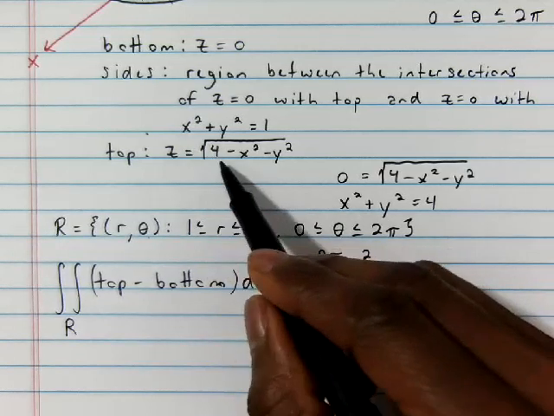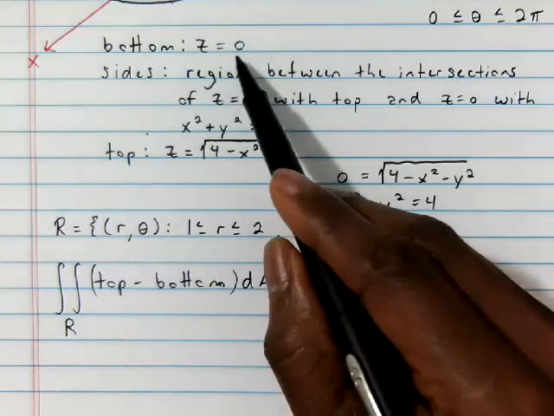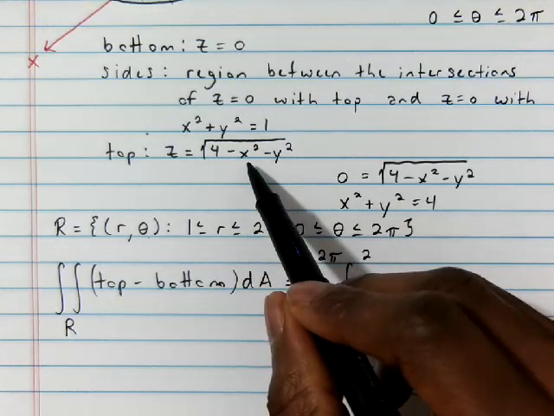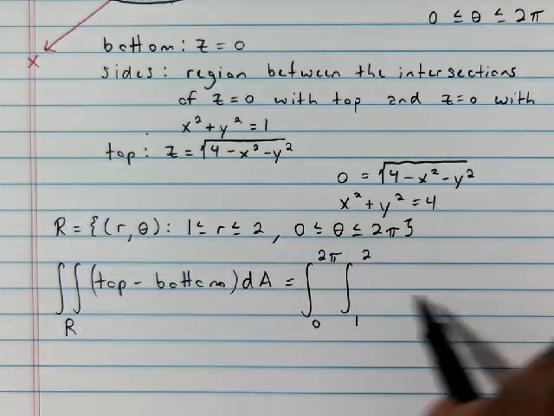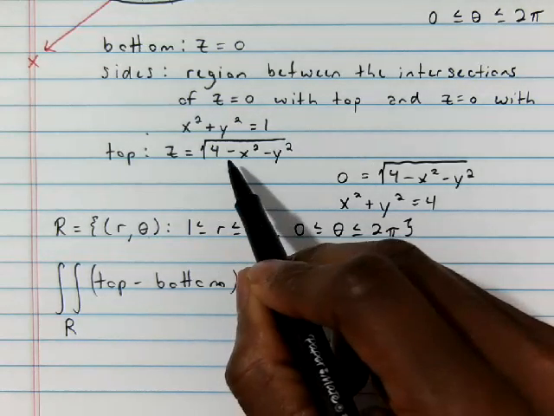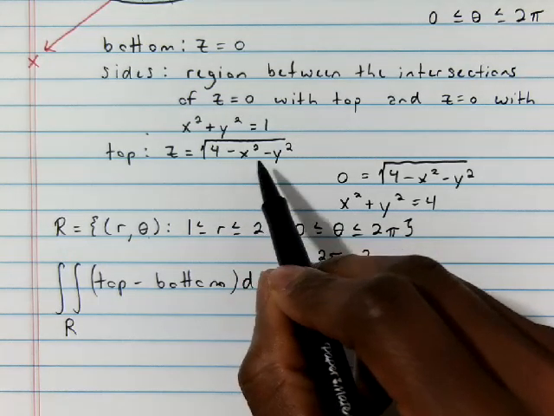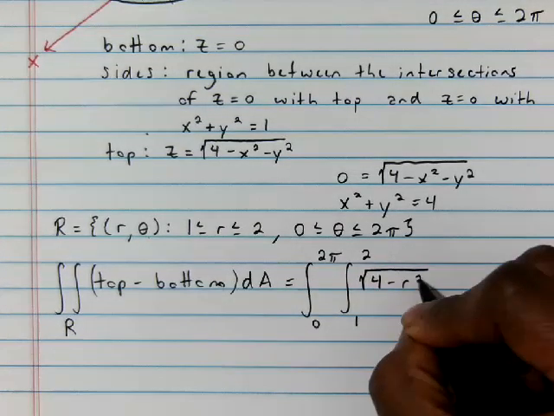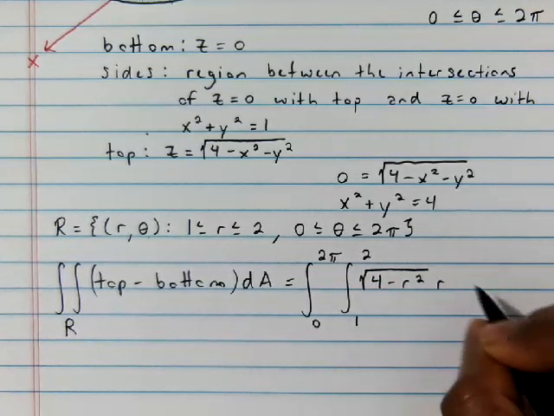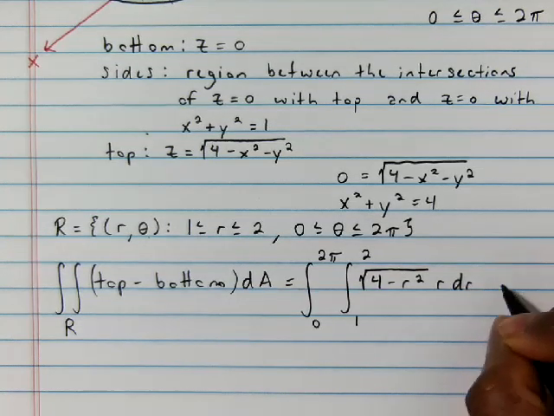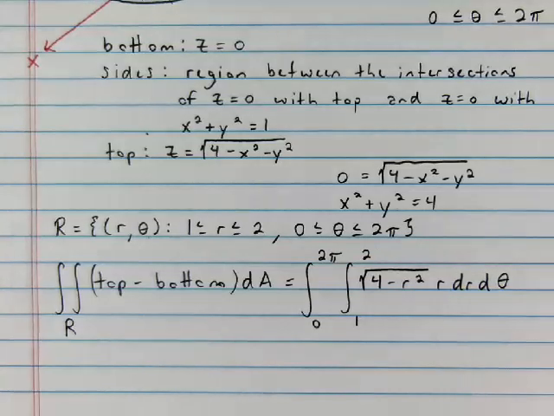So we don't include the z. It would just be this minus our bottom, which is 0. So this minus 0, but make sure you put things in polar coordinates. So we don't want any x's and y's swimming around here. So it's just going to be the square root of 4, then what is negative x squared minus y squared? That's just negative r squared. So 4 minus r squared. Then don't forget about your r, which is just part of when you integrate in polar coordinates, and dr d theta. All right, so that's the setup for that integral.